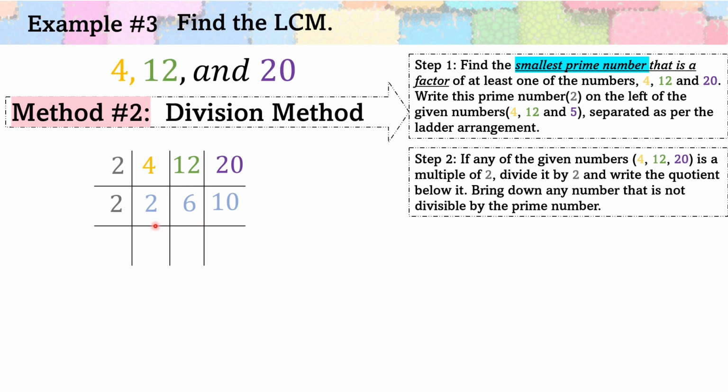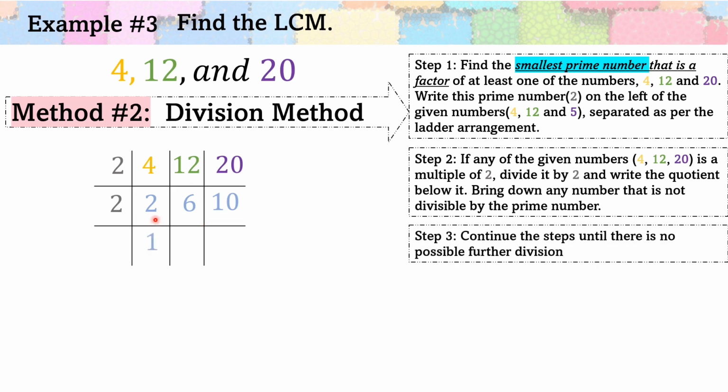So 2 divided by 2 is 1, 6 divided by 2 is 3, 10 divided by 2 is 5. So can we still continue? Is there a smallest prime number that is a factor of 1, 3, 5, or any of these 3 numbers? Okay, there's none. So let's stop the division.